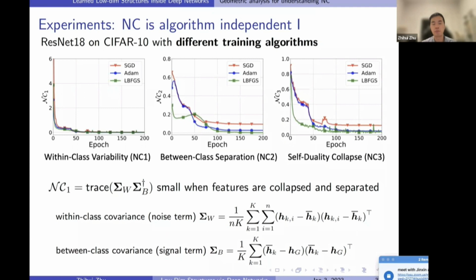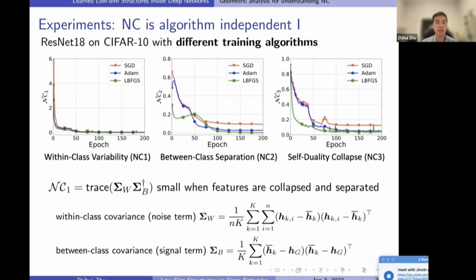The second one plots the between class separations, or how close they are to the simplex ETF. The third one captures the alignment between the classifiers and the class mean features. The smaller these quantities are, the more severe the neural collapse.